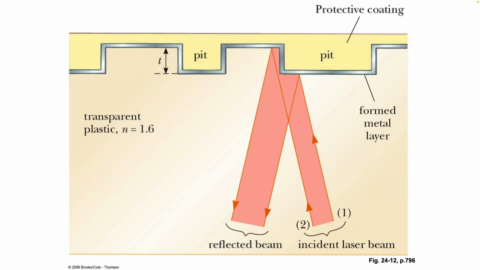And that means the reflected beam is either going to be in phase or out of phase. In this picture, it's out of phase because the pit depth, the feature size on the CD, is tuned to be exactly a quarter wavelength of what's being used to read it.